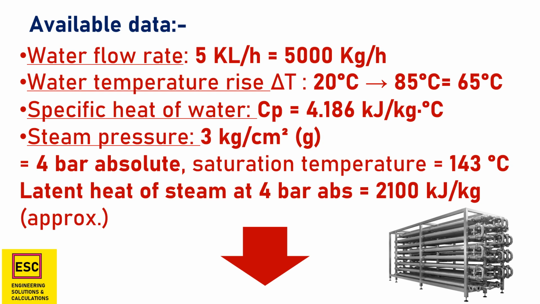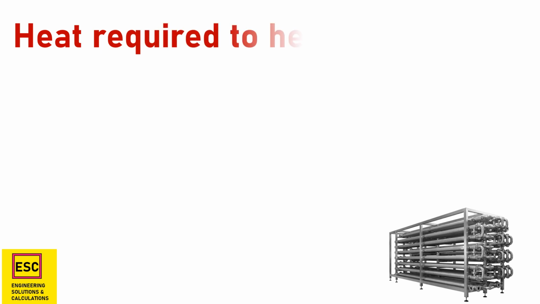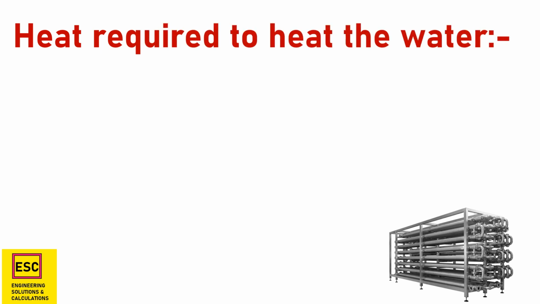Now, how will we put all this data in the formula and calculate the steam consumption? To calculate steam consumption, first of all we will calculate the heat required to heat the water from 20 degrees Celsius to 85 degrees Celsius.